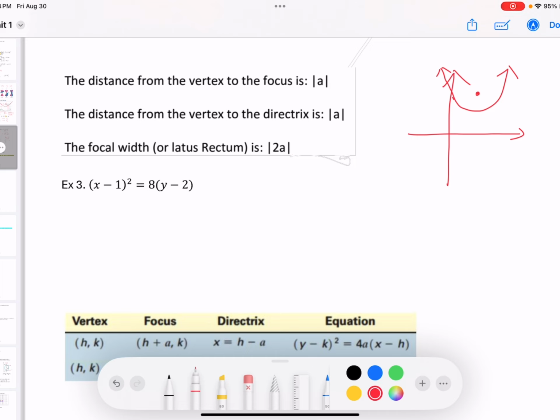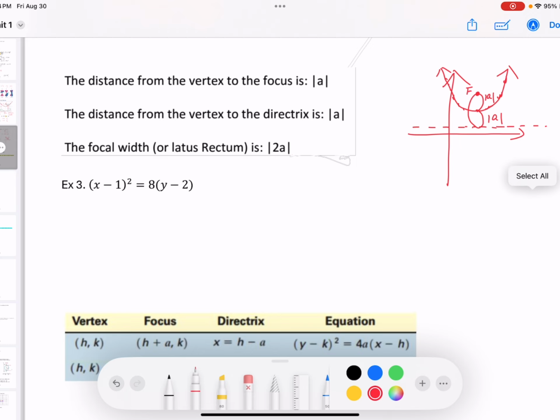For example, this point we call the focus, and then there is a line we call the directrix. So any point on my parabola to the focus and to the directrix have the same length. This length is the absolute value of a. So the distance from the focus to the directrix is double that, the absolute value of 2a.